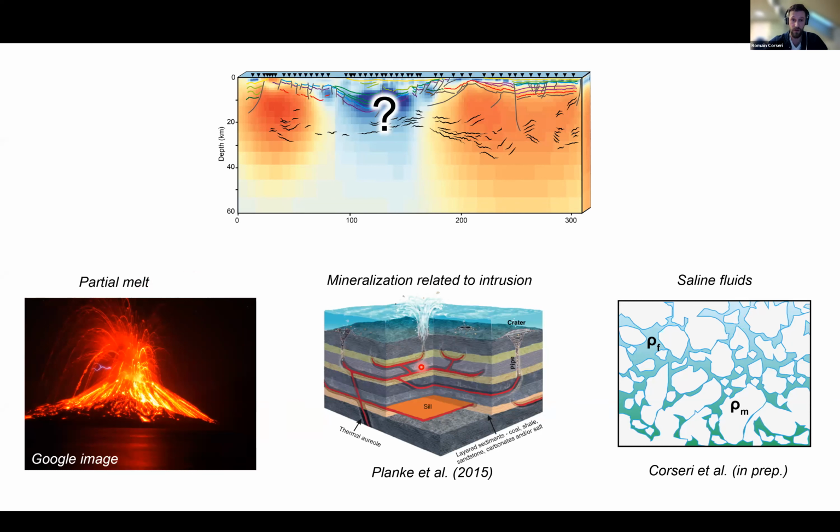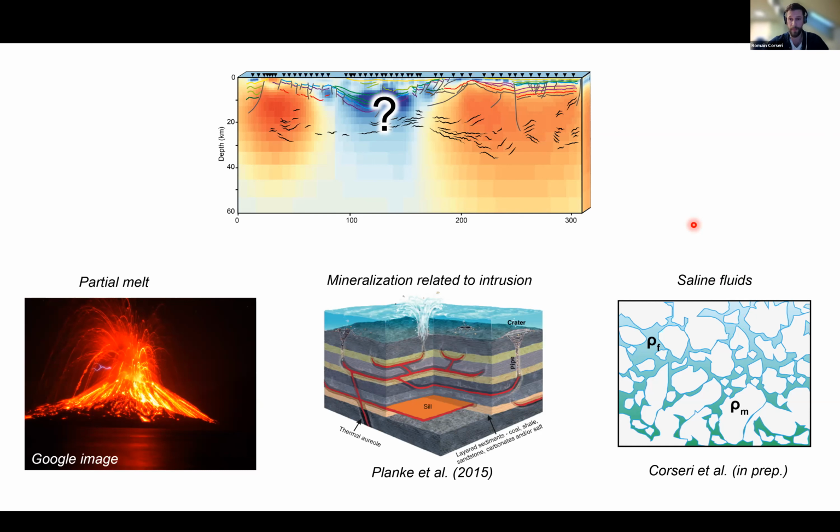You can have conductivity related to remnants of intrusive and igneous activity, for example igneous intrusions, sills, etc. This can lead to mineralization in the contact areas and can have very high conductivity. And the third option is saline fluids. In the interstices or pore spaces of sediments or the upper mantle, you can have fluids that create a conductive anomaly.